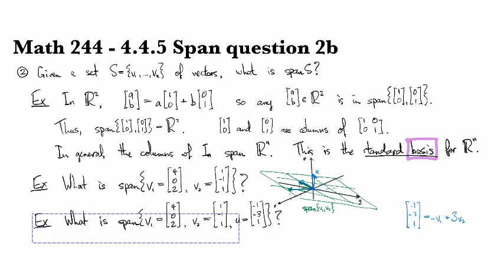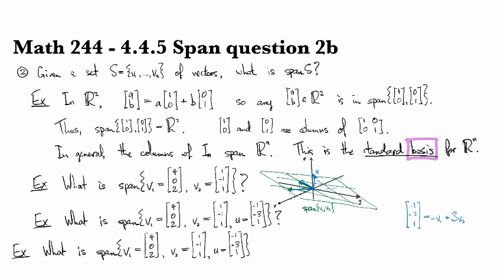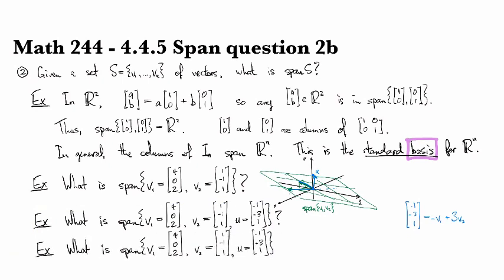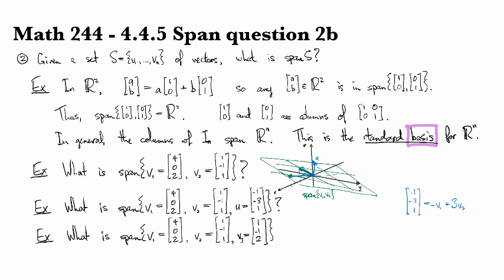Now, what if we asked the same question, except instead of this third one, we did v3 given by the one that we had before, (1, -1, 2). Well, what we saw is that the determinant of the matrix, where I put in v1, v2, and v3 as the columns, was non-zero.